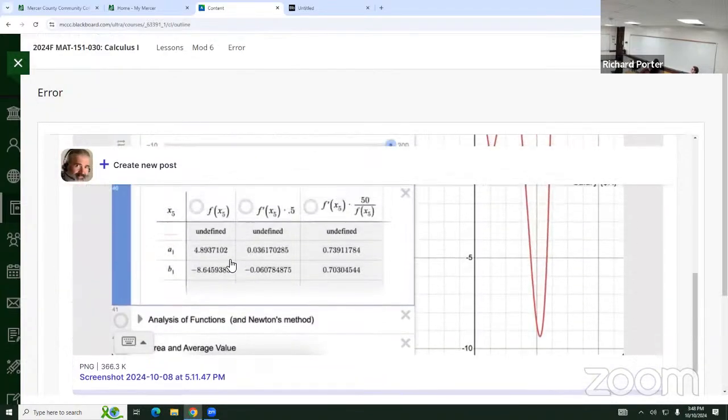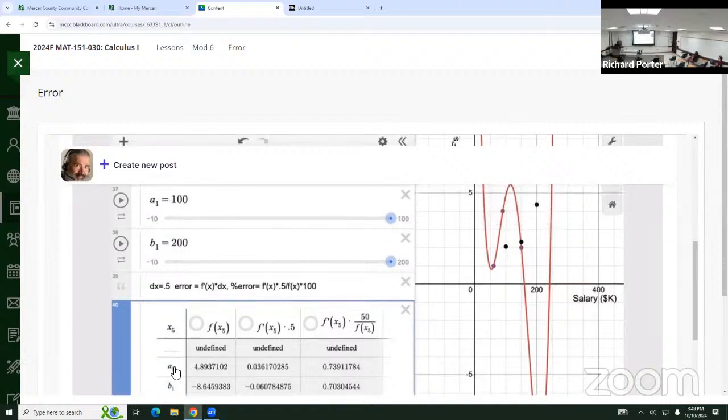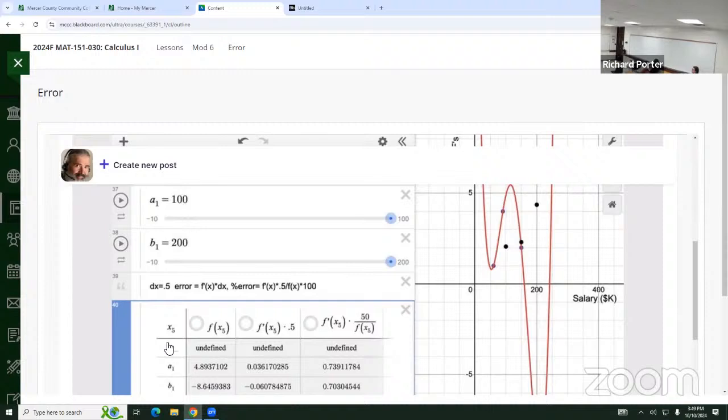So if I were reading this, I'd say at a salary of 200,000, I have -8 friends. Maybe that's not a good one to use. 100,000 is fine. If you don't have any more people in your group, then 100 is fine, but -8 friends is bad.